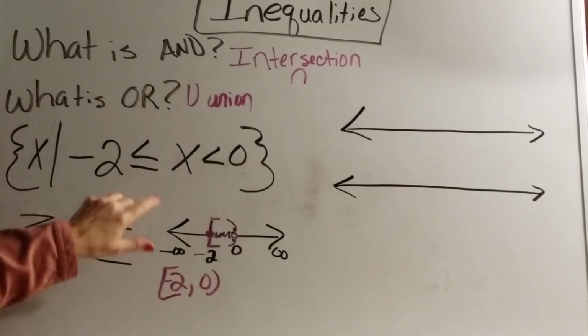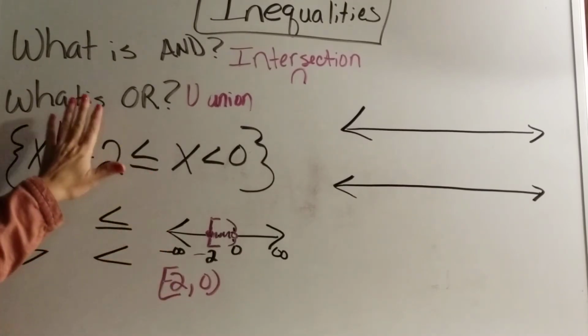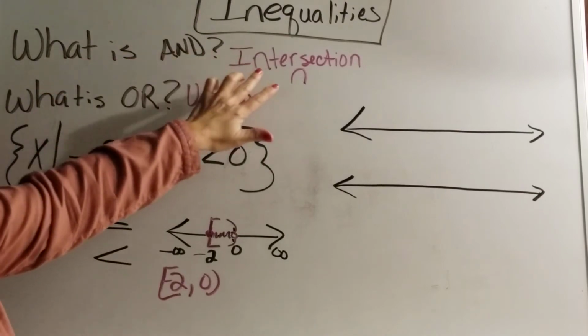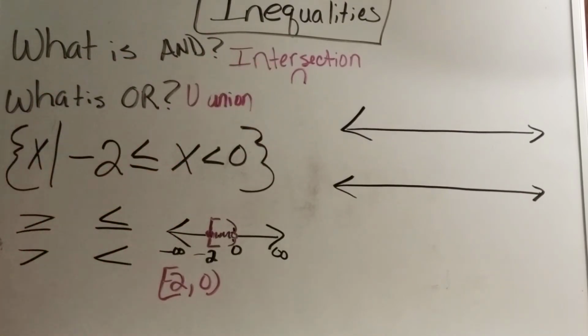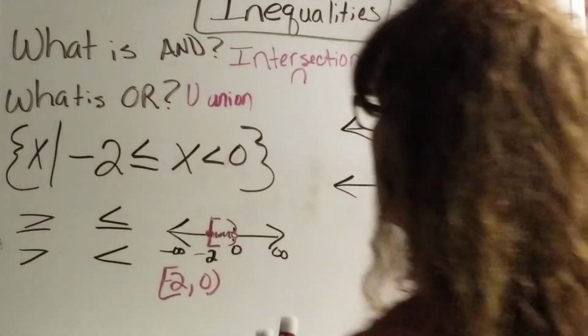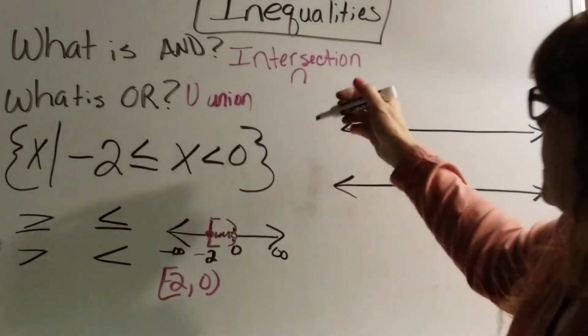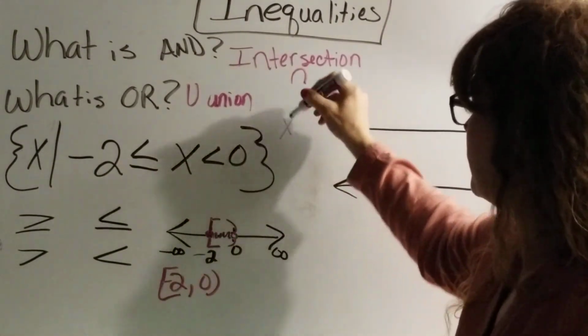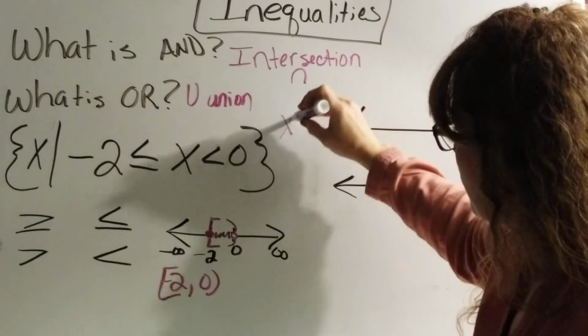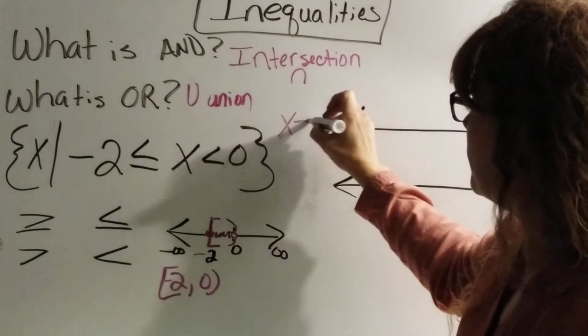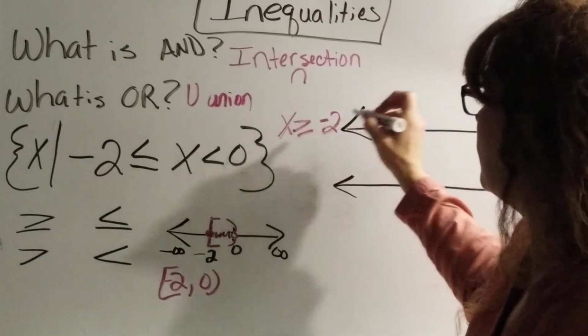This is my set builder. This is my graph. But what if you were asked to give the intersection of this? Well, what I would do is break this apart. I would say, okay, I have x, let me write a little darker. x is greater than or equal to -2.